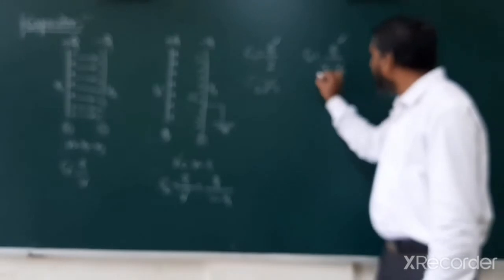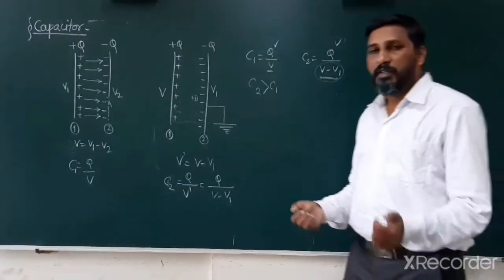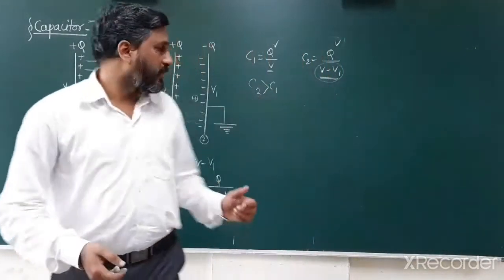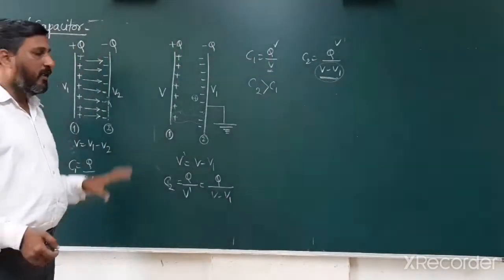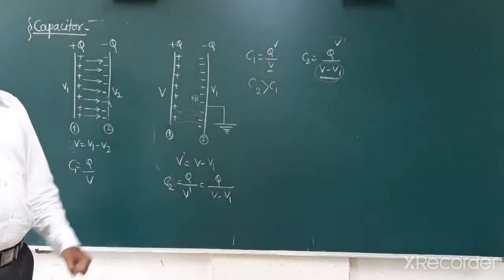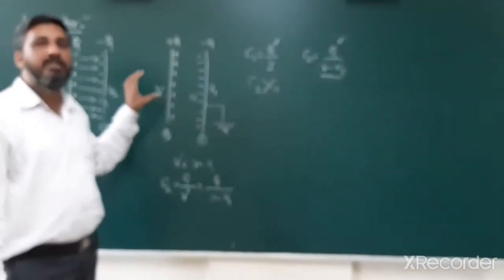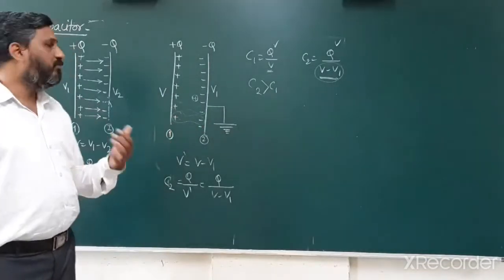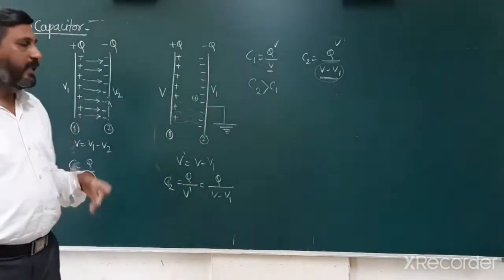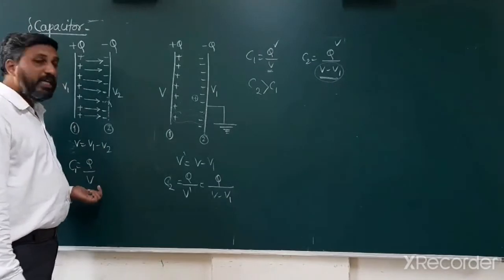If the second plate is earth, here the potential decreases. Now the question arises, in both cases, which capacitor is easy to handle? First one or second one? This is one capacitor, this is the second capacitor. Which one is very simple to handle? In the first case, its potential is greater.